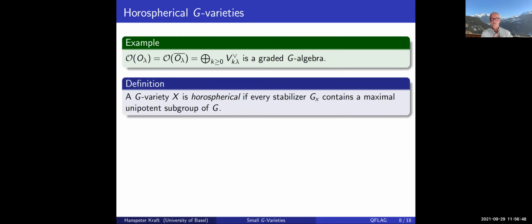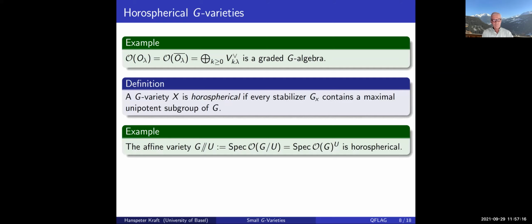Recall the concept of a horospherical variety. We call X horospherical if every stabilizer contains a maximal unipotent subgroup. Usually one talks about horospherical orbits, but let me give this name for any affine variety. Interestingly, again, if you take the U-invariant ring, U maximal unipotent, then this is a horospherical variety.